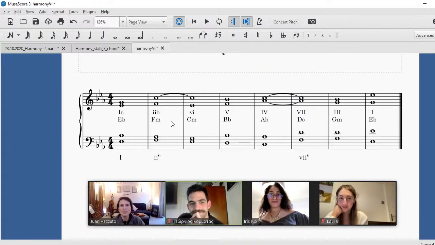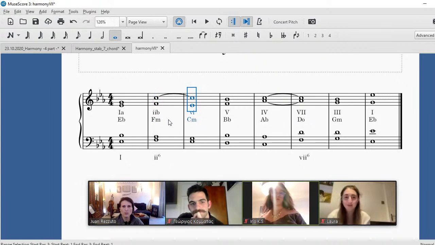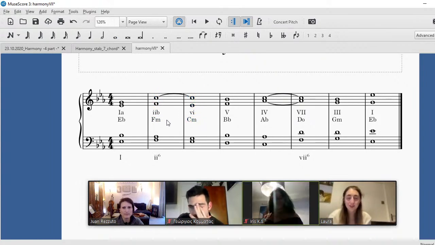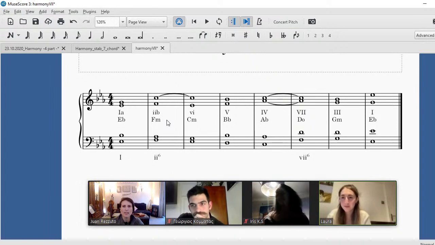Very good. Fantastic. Between the second chord and the third chord, Laura, what do we have? It's overskipping as well. The second to the third. Overskipping? Yeah, because it's F and E flat. Movements of the roots.